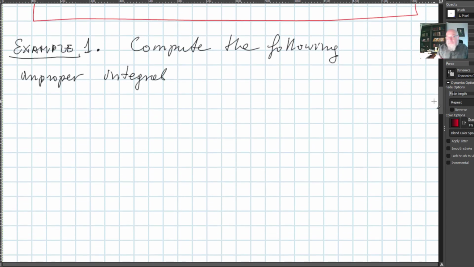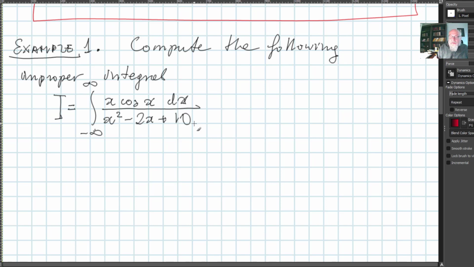Now the integral I is equal to, and let me copy the integral, the integral from minus infinity to infinity of x cosine x dx divided by x squared minus 2x plus 10.